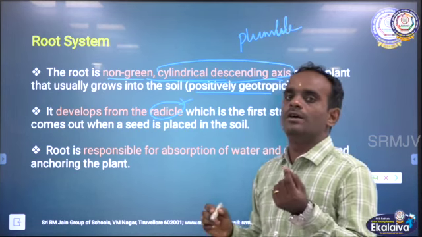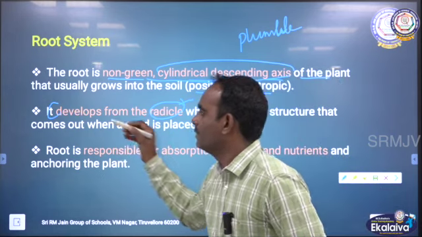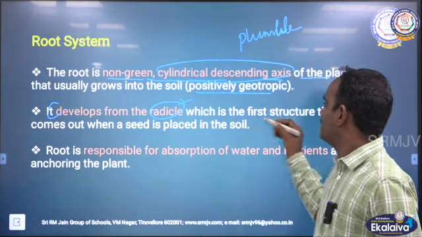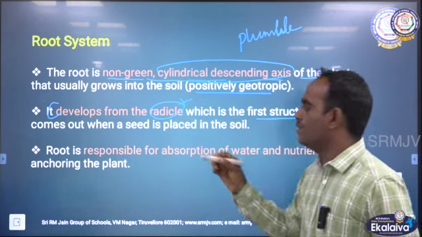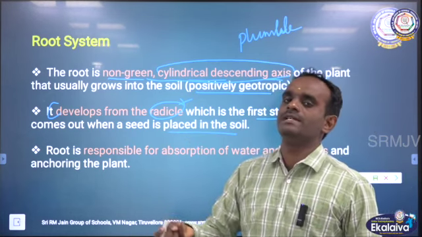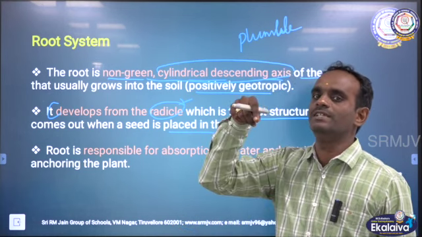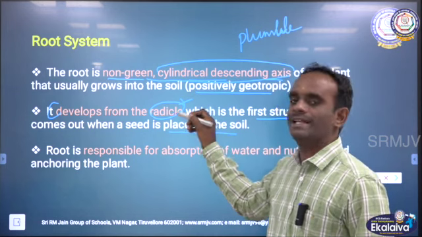From the plumule, the shoot system will arise. So, the root system develops from the radicle, which is the first structure that comes out when a seed is placed in the soil. When a seed germinates in the soil, the first part from the seed to arise is called radicle.